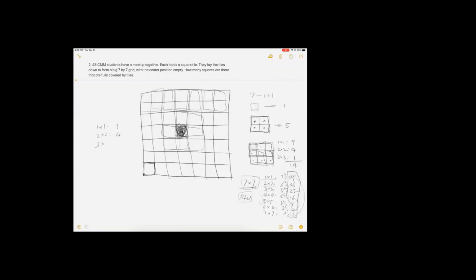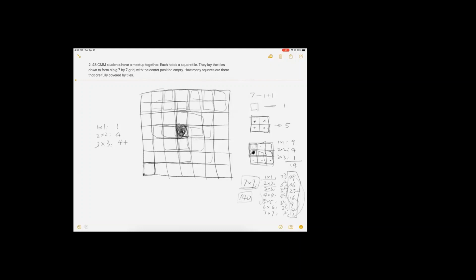And 3 by 3 square, this is tricky. 3 by 3 square, depending on where we put this square, okay? So start from here. Let's say put this square in the corner. 1, 2, 3, 4, right? We have 4 of these with this square in the corner, okay? But that's not it. What about this square in the middle of one side?